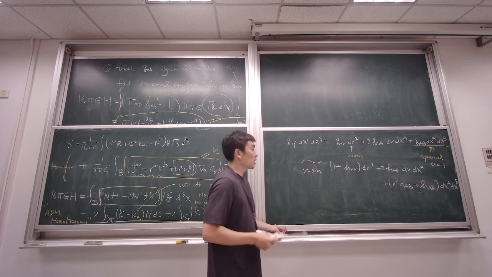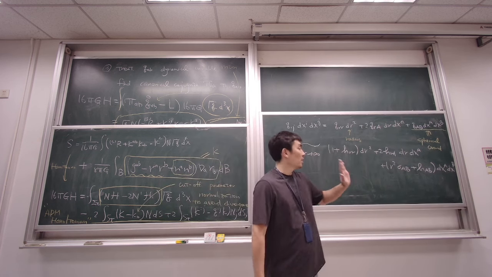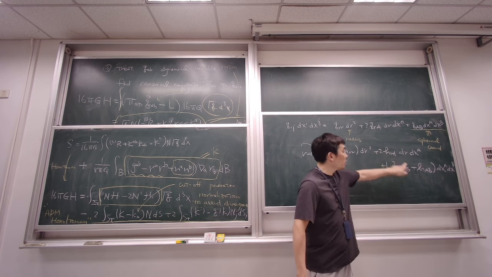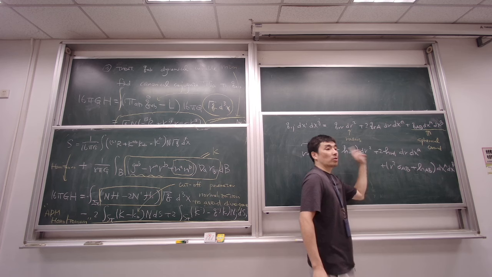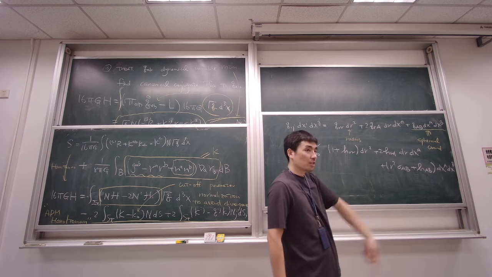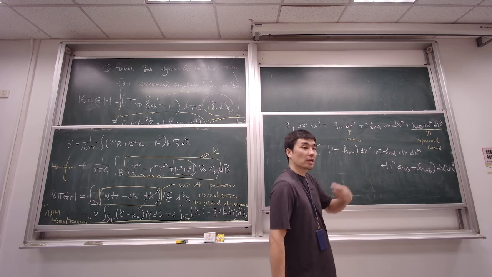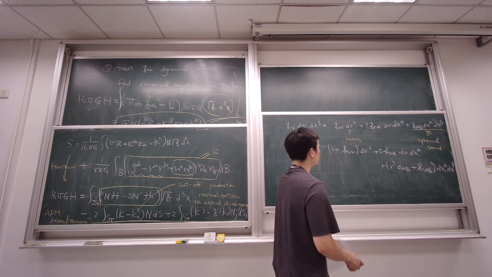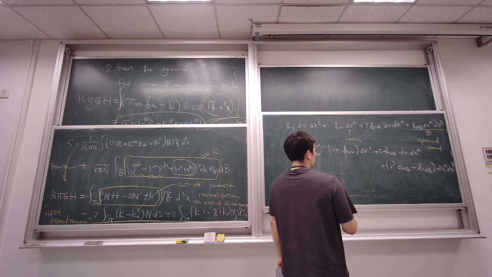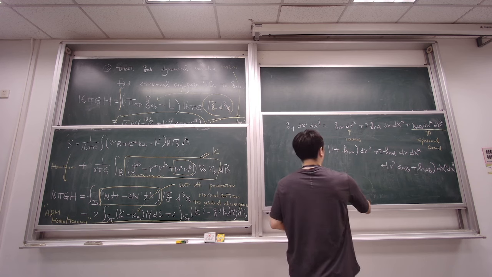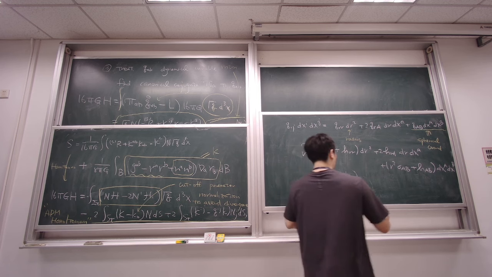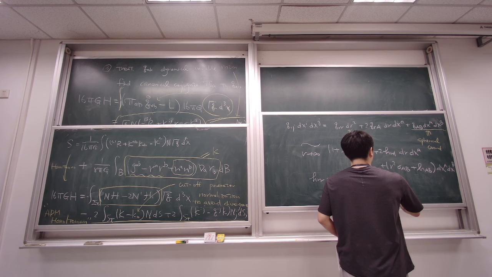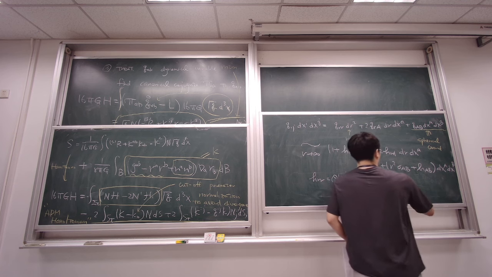So this is a linearization. If you take h to be very small, this will become just the ordinary spherical coordinates of three-dimensional Euclidean space. So h_rr is of order 1 over r, and h_rA is also of order 1 over r.